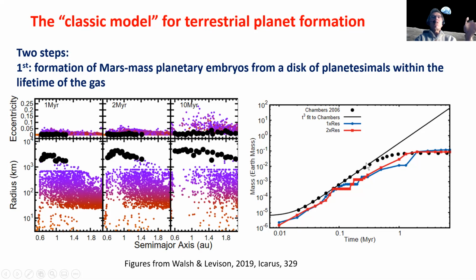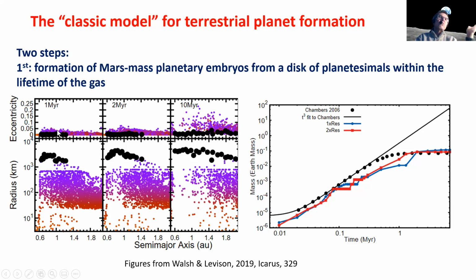I borrowed 2 plots from a very recent work from Walsh and Levison last year. This shows the growth of these planetary embryos, the black dots here, from a disk of planetesimals. The bottom panel shows the radius of the bodies as a function of their heliocentric distance at 3 time snapshots, 1, 2, and 10 million years, once the gas is totally gone.